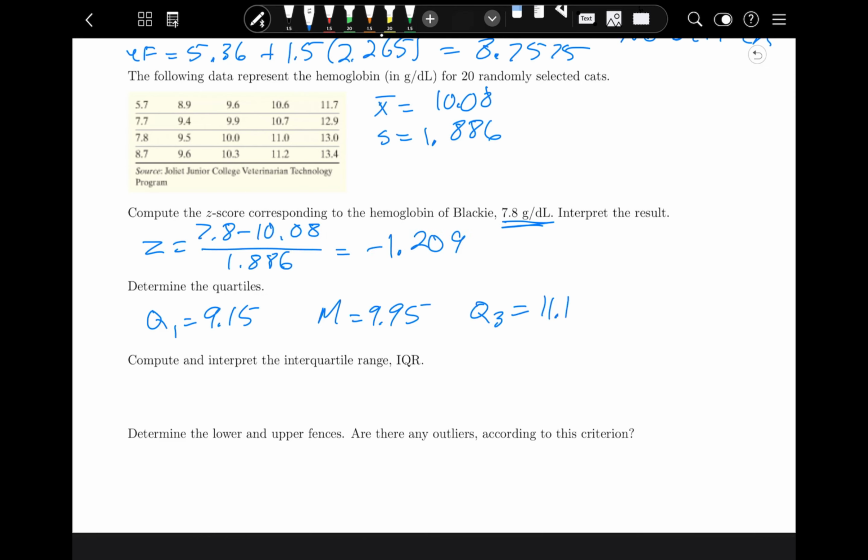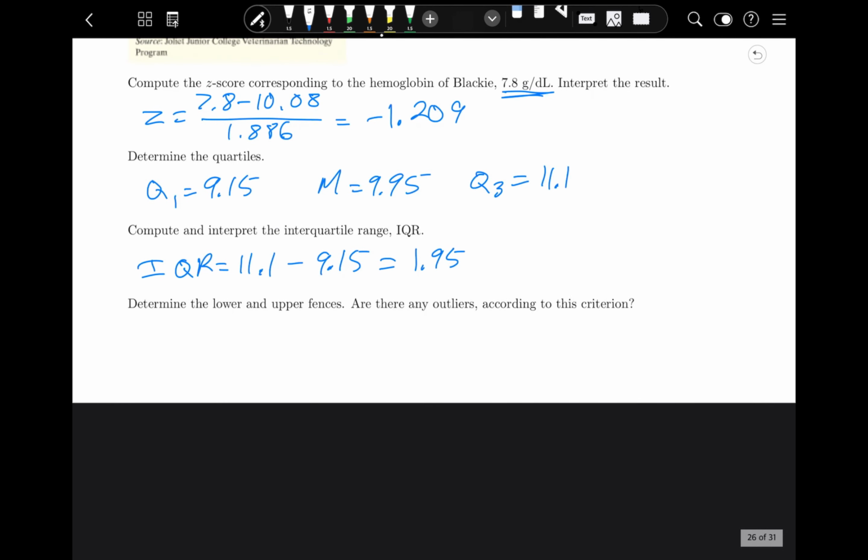Okay, so now we can interpret the interquartile range. So the IQR is 11.1 minus 9.15. So that's 1.95. And now we can use that along with the quartiles to see if there are any outliers.